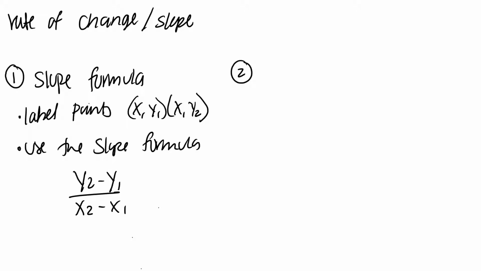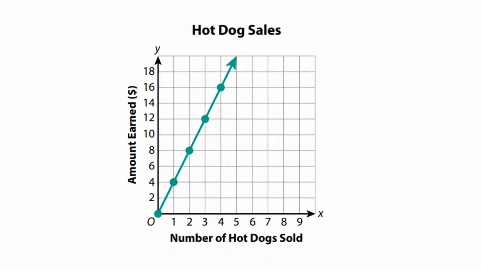The second option is just to use the fraction y over x. Remember, y over x is when you go up or down first, positive or negative, and always to the right-hand side. Either method will still get you the same answer. So for these problems, I will show you both methods.